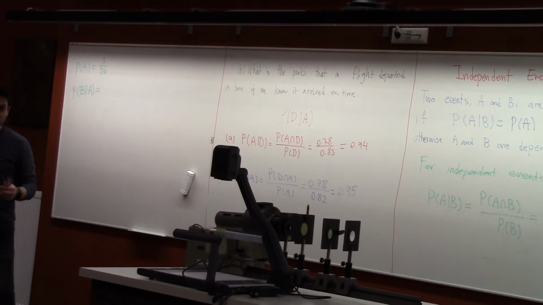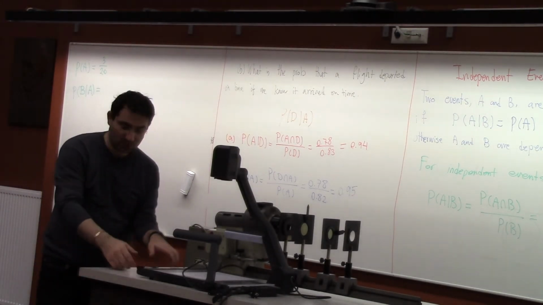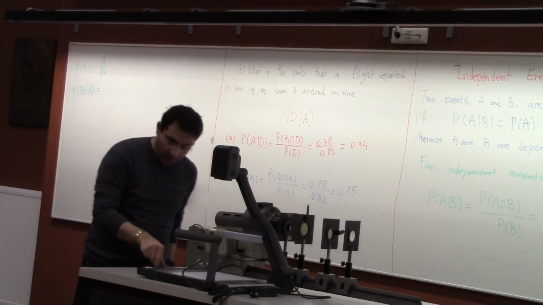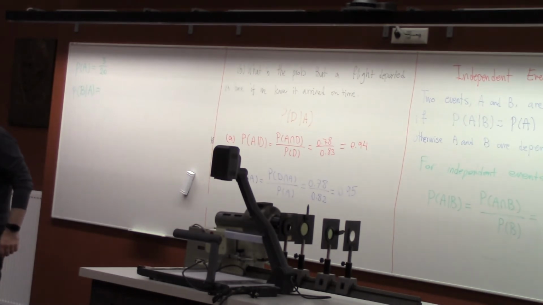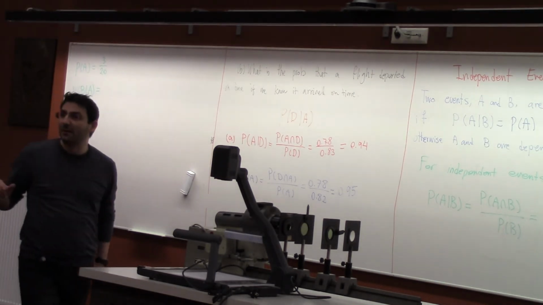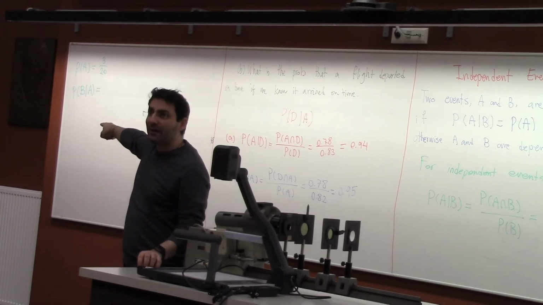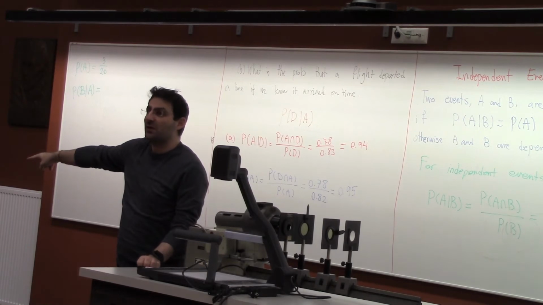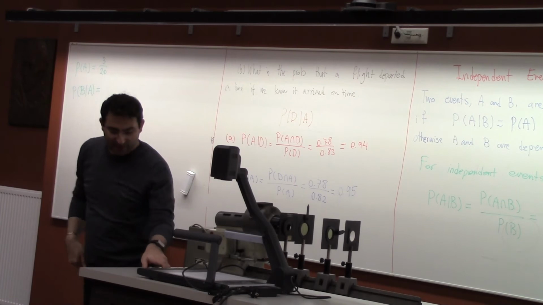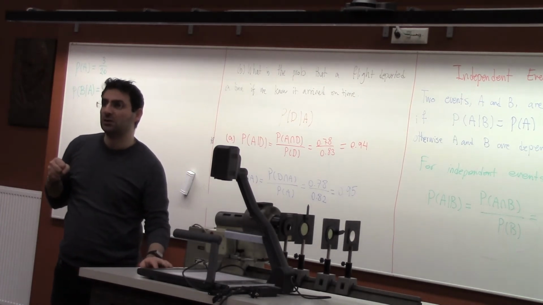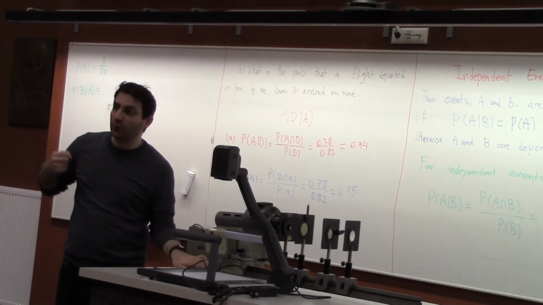Okay, I have 20 elements, right? And 3 of these are bad. I already have taken 1 because this was A. So, what is the probability of B, the second one, to be bad if already the first one is bad? 2/19, because I have taken 1 out, which means 19 left, but only because the one that I have taken is bad, 2 are bad.